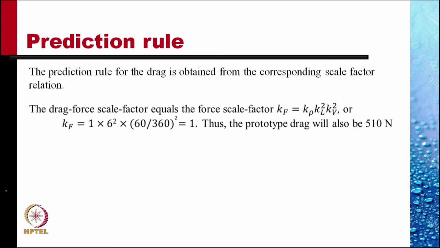So the scale factor of force is 1 into 6 square kl square into 60 by 360 whole square, which is the square of the velocity scale factor, and that turns out to be 1. Thus, the prototype drag will also be 510 Newton, the drag on the model, because the scale factor of forces is 1.